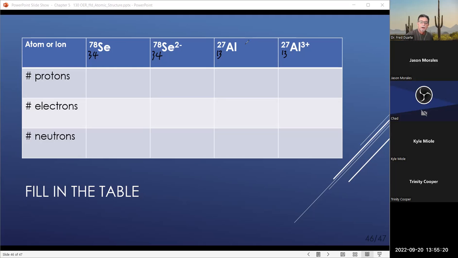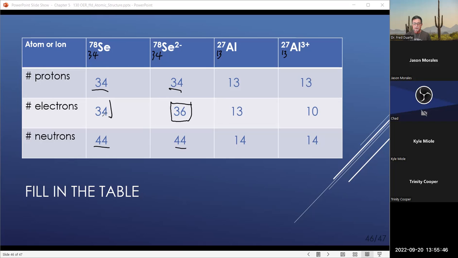We need to know how many protons it has. For Se, it's 34 protons, whether it is the element or the ion, the anion. It's going to have the same number of neutrons. Nothing's changed. What has changed is the number of electrons. It picked up 2 electrons to give you a total of 36, giving us a net charge of -2.